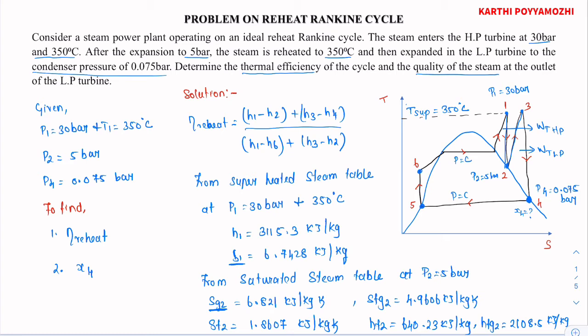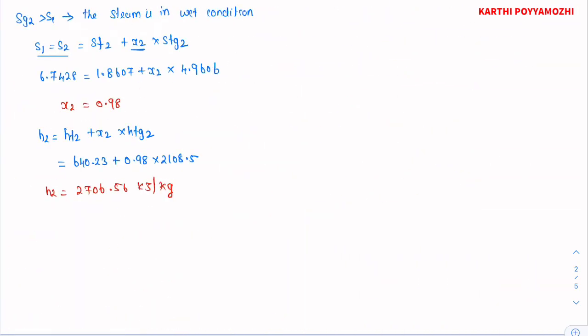So the enthalpy and entropy at the state point 3 can be found from the superheated steam table at 5 bar and 350 degrees Celsius.